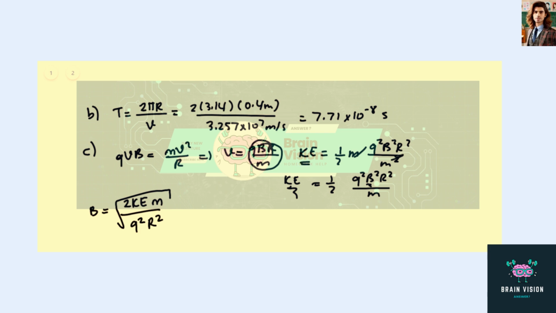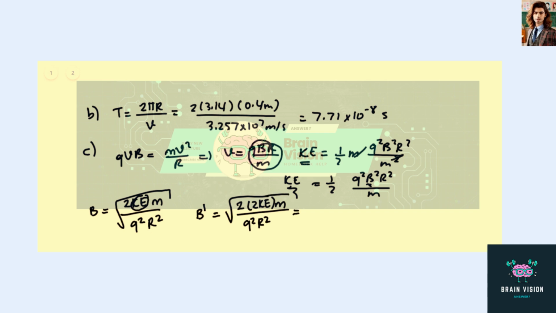Now we're given a different magnetic field. Let's call it B prime. And the condition is that we're doubling this kinetic energy term. So it's going to be 2 times the kinetic energy times m over q squared r squared, all under a square root.